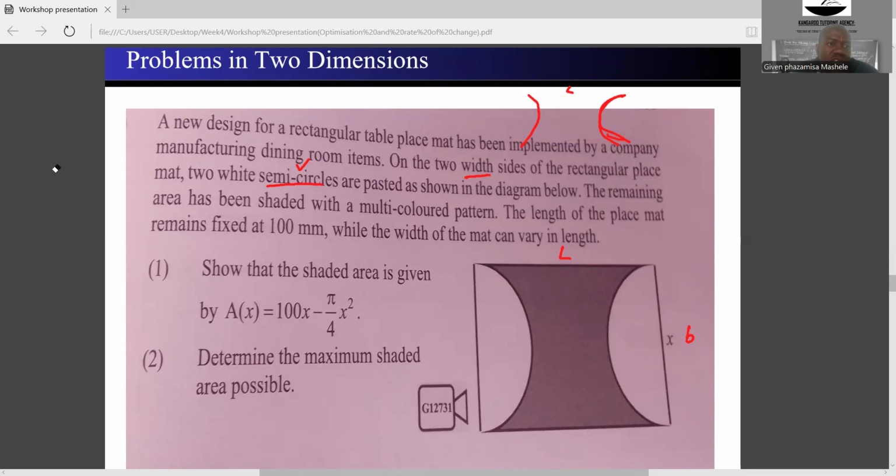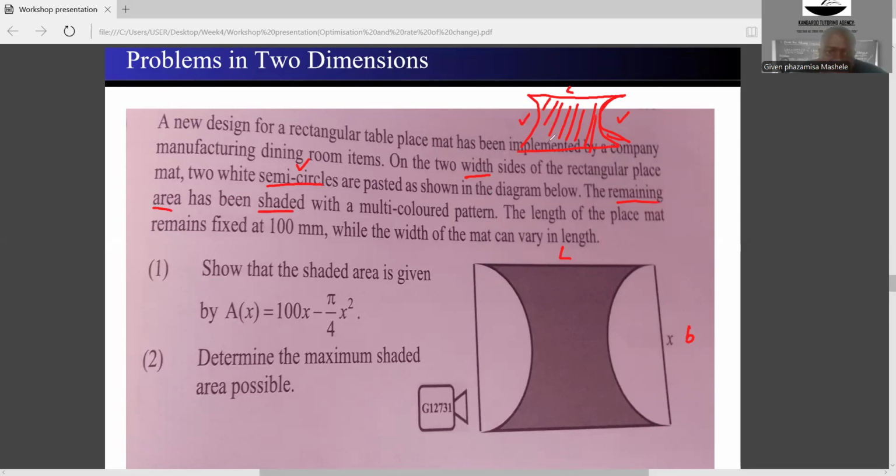So they have to remove semicircles from this rectangle in order to remain with this shaded part here. So they've removed two semicircles from this rectangle. Then they're saying the remaining area has to be shaded.